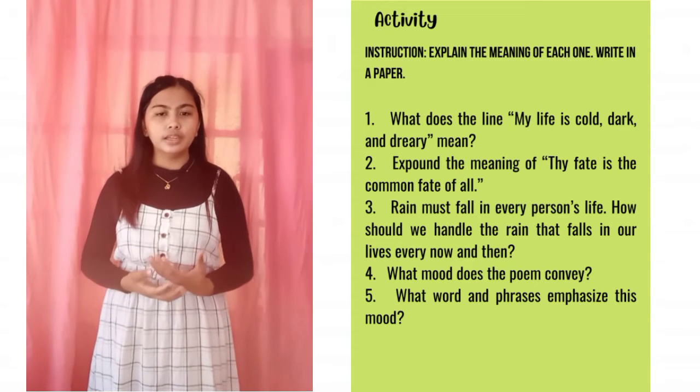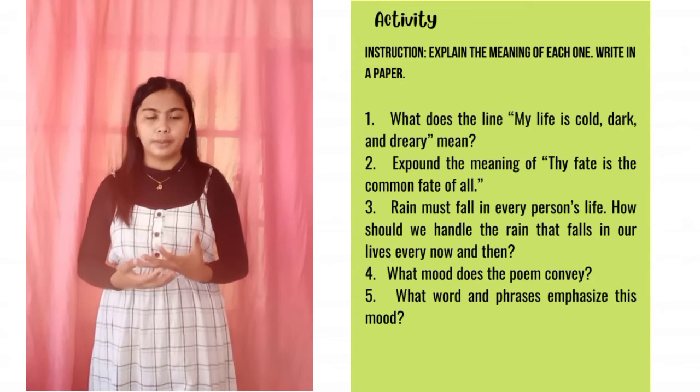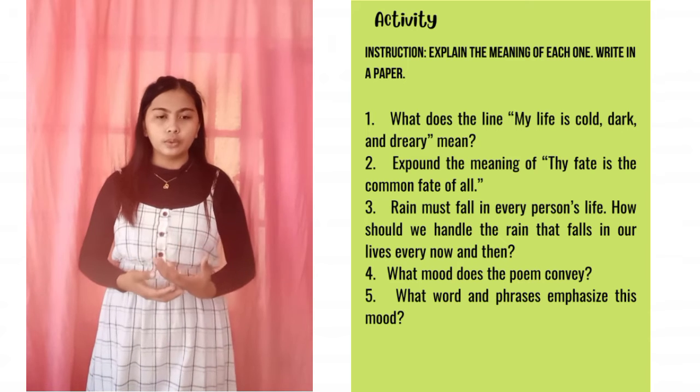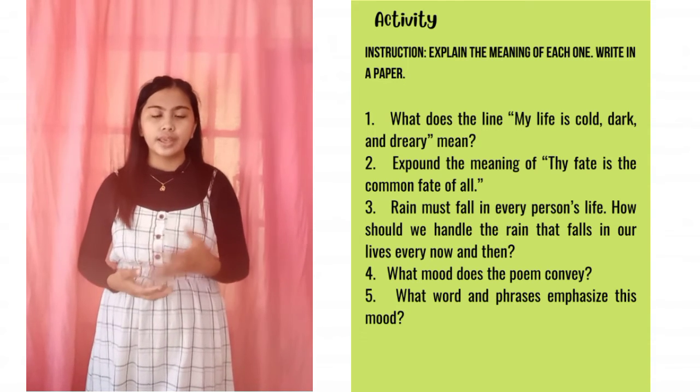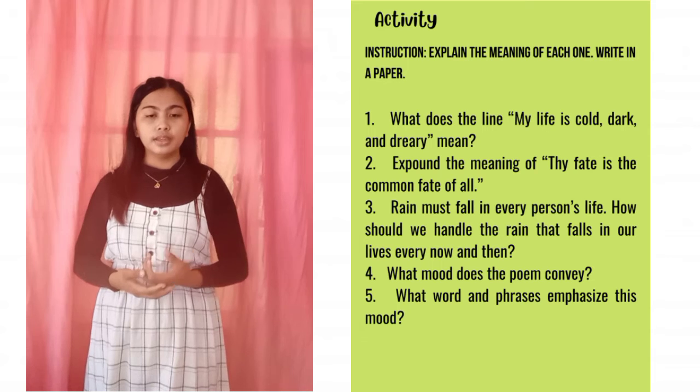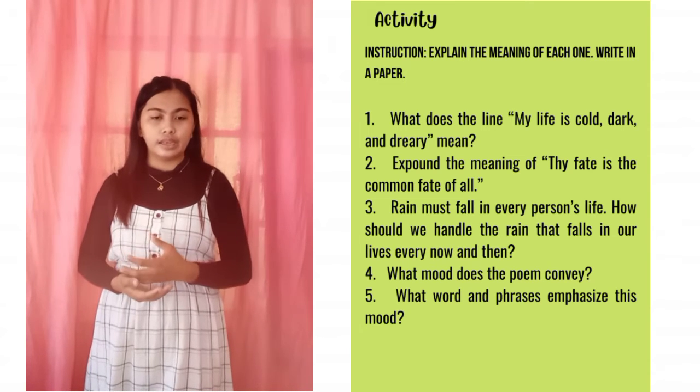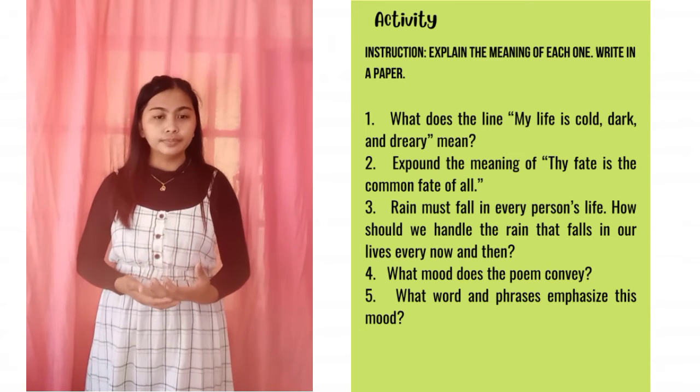Very good. So, now, do you understand our lesson? Yes, ma'am. That's good. Let's have another activity. Instruction: explain the meaning of each one and write it on a paper. Number 1. What does the line, "My life is cold, dark, and dreary" mean? Number 2. Expound the meaning of "Thy fate is the common fate of all."